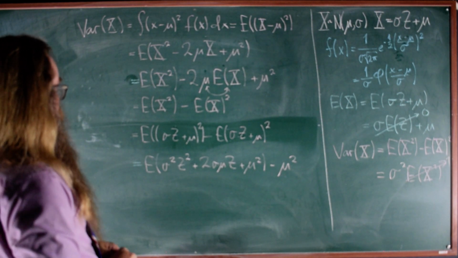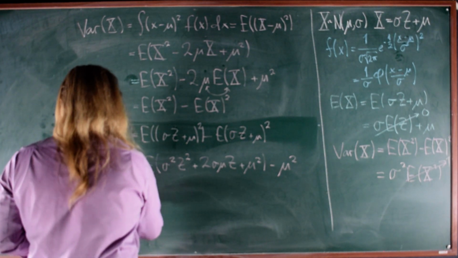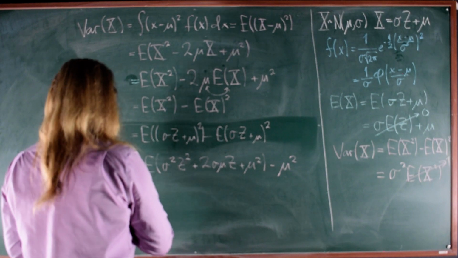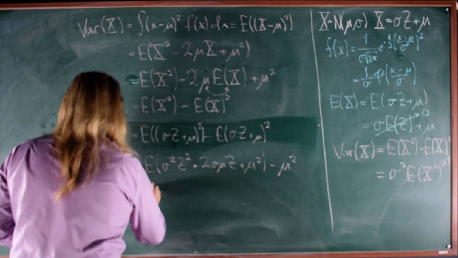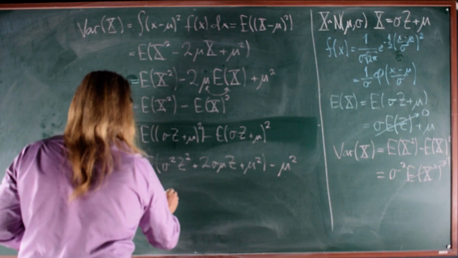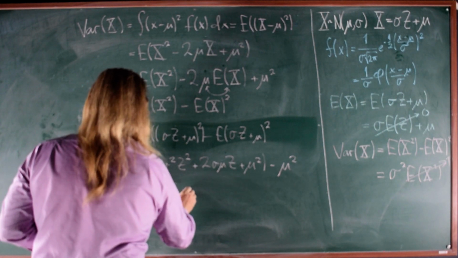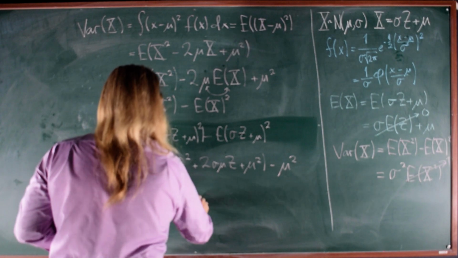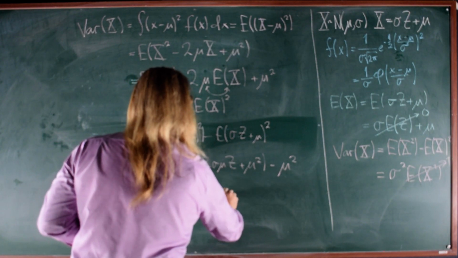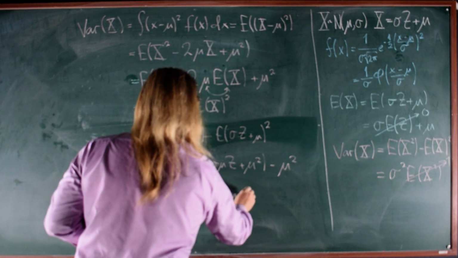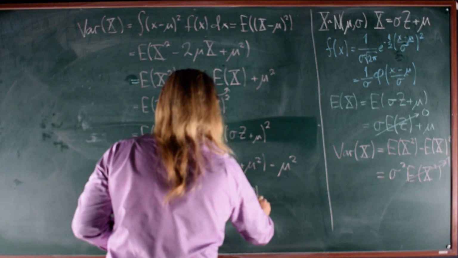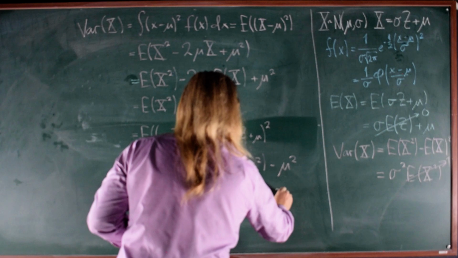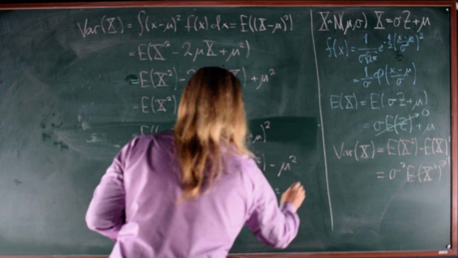Beautiful. So what happens here? Well, use the linearity again. Still have some time. That's pretty good. So it's going to be sigma squared times the expected value of z squared plus 2 sigma mu times the expected value of z plus mu squared minus mu squared.